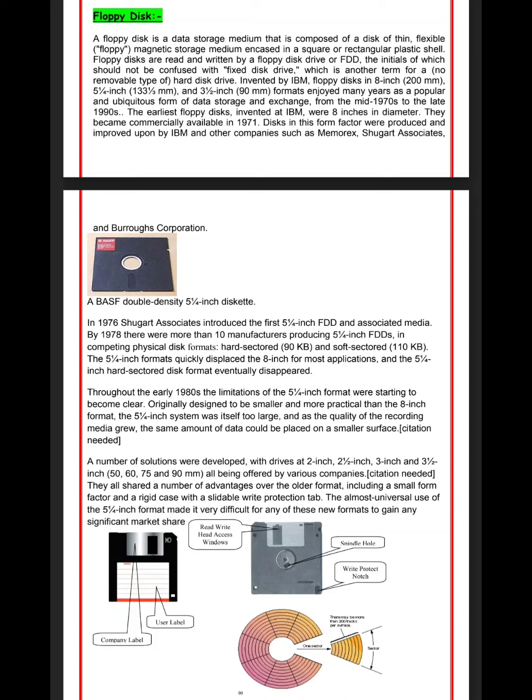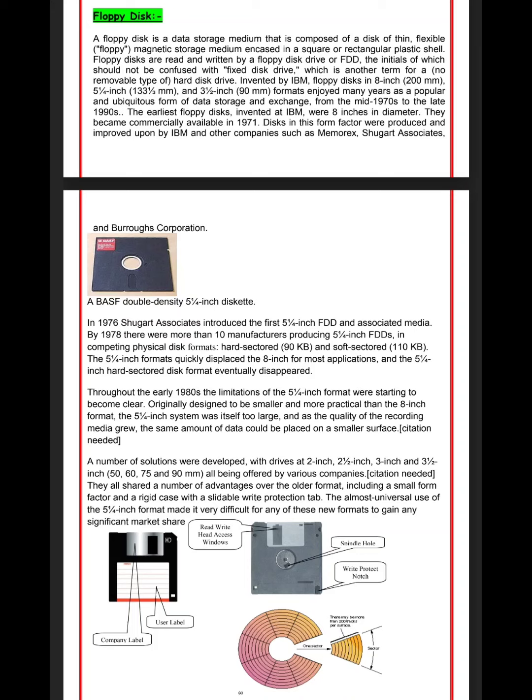Disks in this form factor were produced and improved upon by IBM and other companies such as Memorex, Shugart Associates, and Burroughs corporations. A BASF double density 5 1/4 inch diskette.